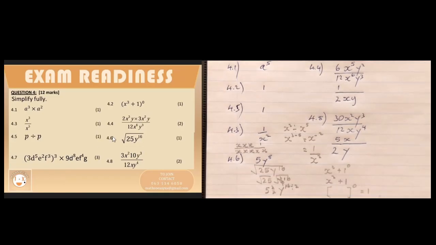So here, if there was a 3 there in 4.6, you would divide these exponents by 3. But this one, you must know your cube roots. You must know what 3 times 3 times 3 is, what 4 times 4 times 4 is.